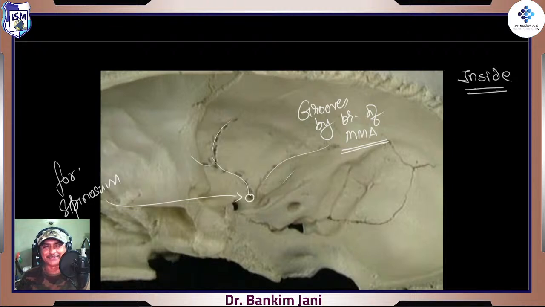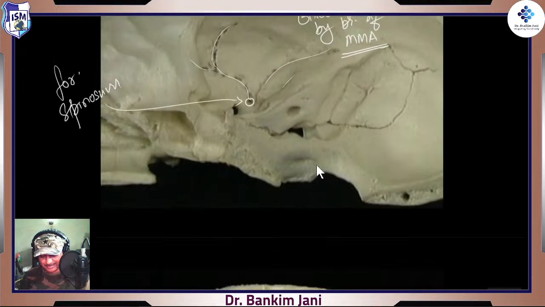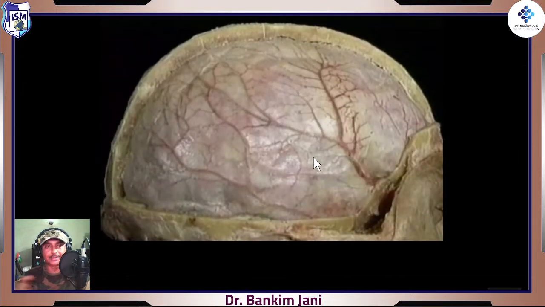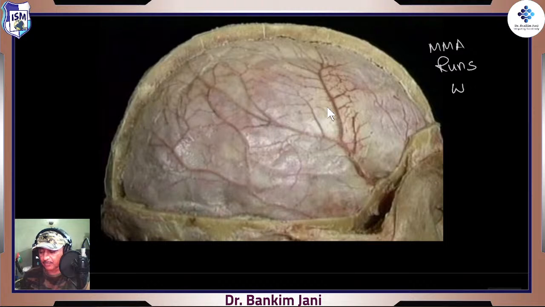Okay, now see, this middle meningeal artery runs within the thickness of dura. So that's where you see, right? So dura thickness.